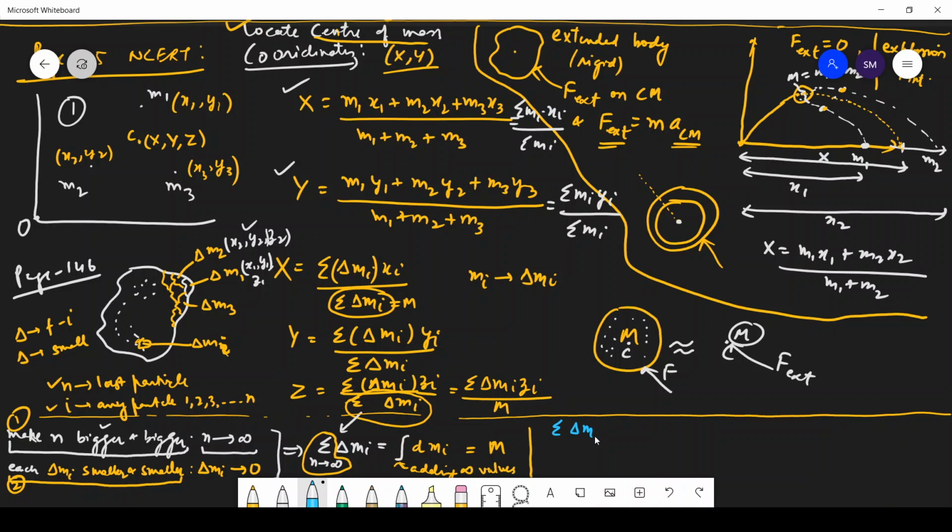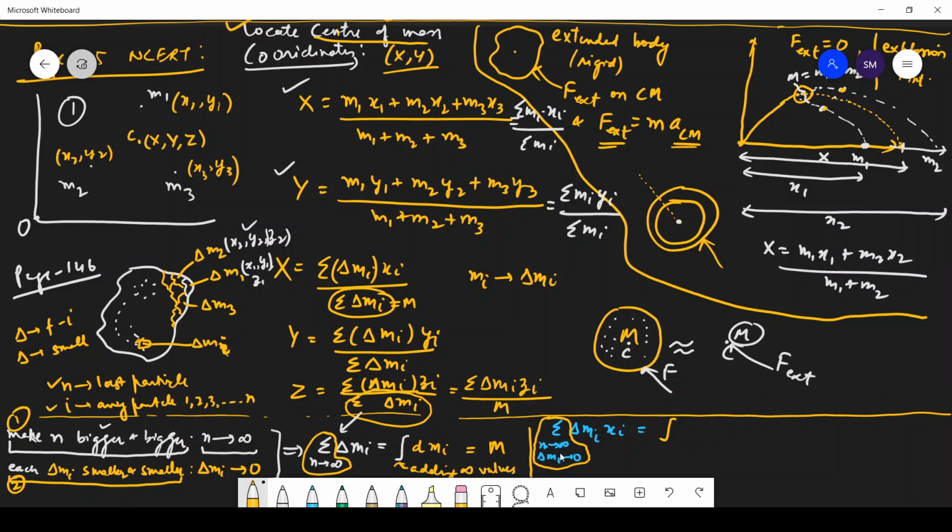So this delta mi into xi, with n tends to infinity and delta mi tends to 0, how are you going to write this whole thing? With integration, yes, with the integral sign.